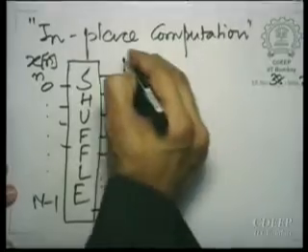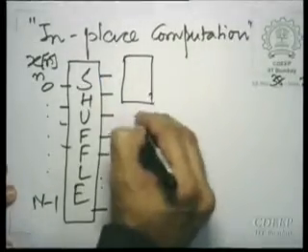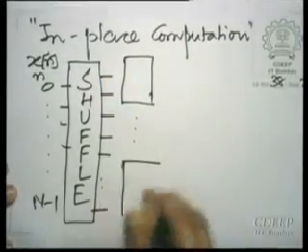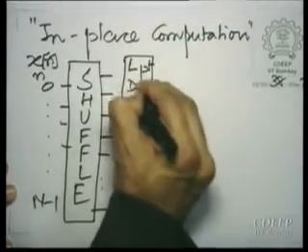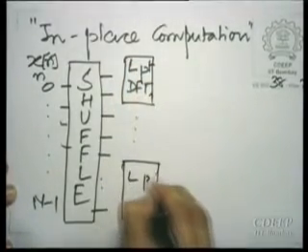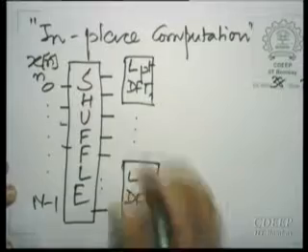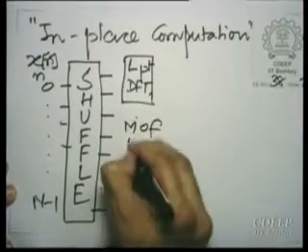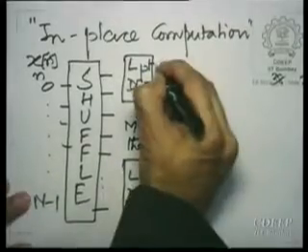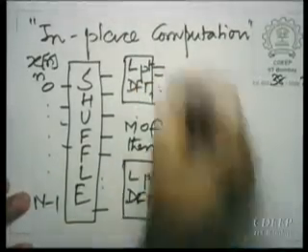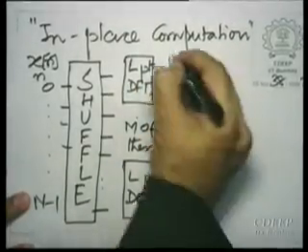Then you have L point DFTs, and M of them. Then you have a pointwise multiplication.